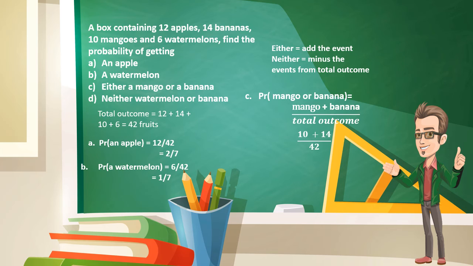Now we have our mango to be 10 plus the banana, which is 14, divided by 42. Adding those together, we will have 24/42. Now if we break this down, we will have the probability of picking mango or banana to be 4/7.